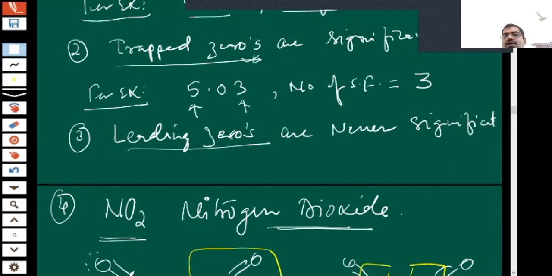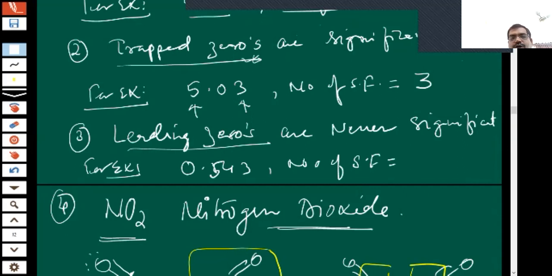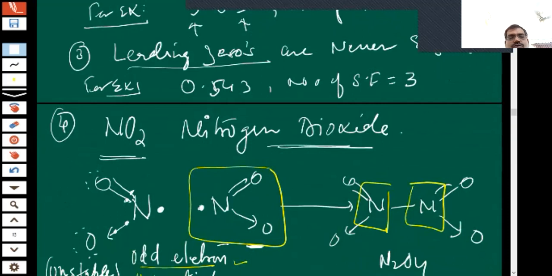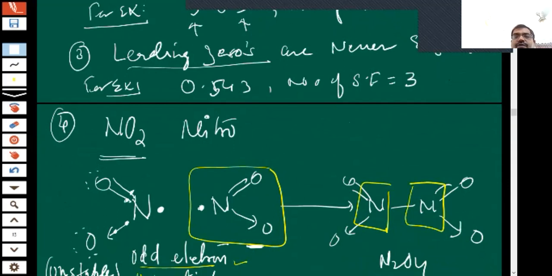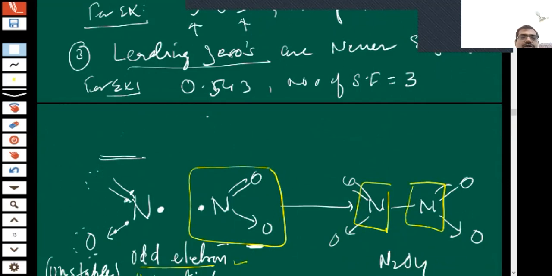So whatever the zeros are in the left hand side, they are not counted as significant figures. For example, suppose 0.543. So if somebody asks you number of significant figures, then you have to tell that 3 only. Did you understand? So the leading zeros are never significant figures, children. That you have to keep in your mind.